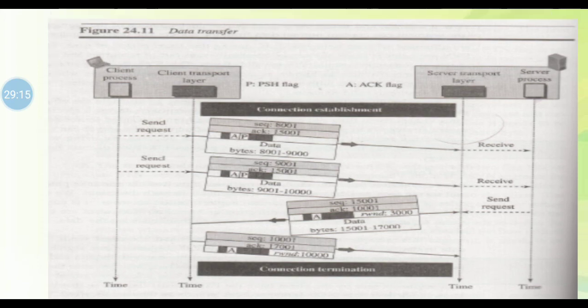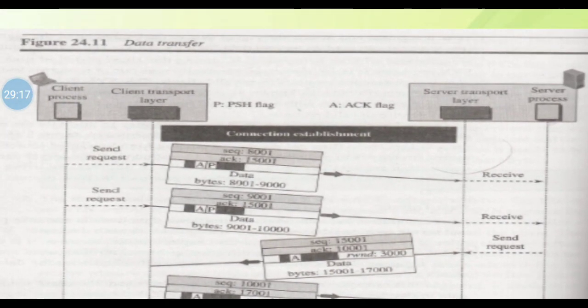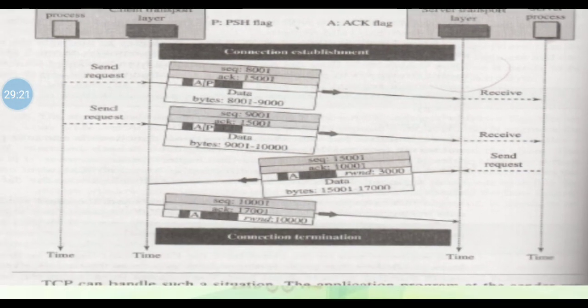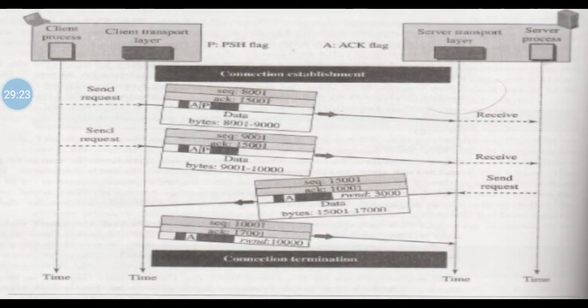Urgent data. In this diagram you can see connection establishment here. Then data transfer is going on. Last is connection termination. Then you can see send request, send receive, send request, PSH flag, ACK flag, urgent data. TCP is a stream-oriented protocol.